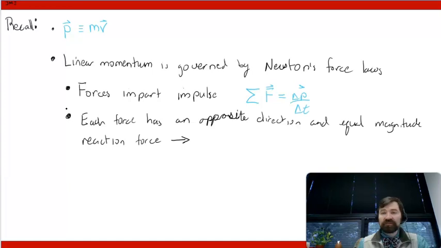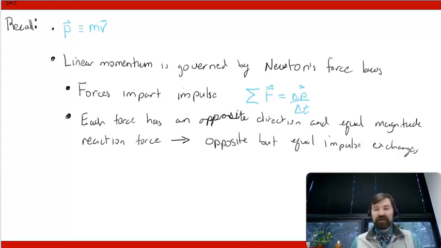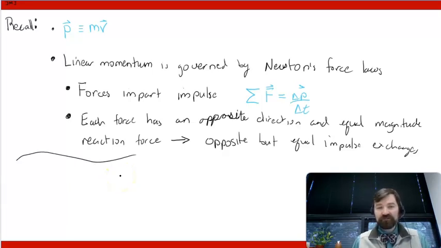Each force has an opposite direction, equal magnitude reaction force, which implies that each time you impart impulse to one object, impulse is also imparted to another object, in the opposite direction but an equal amount. This implies the conservation of linear momentum for a closed system.